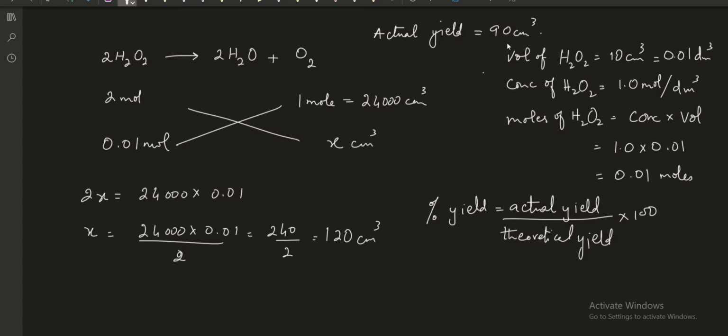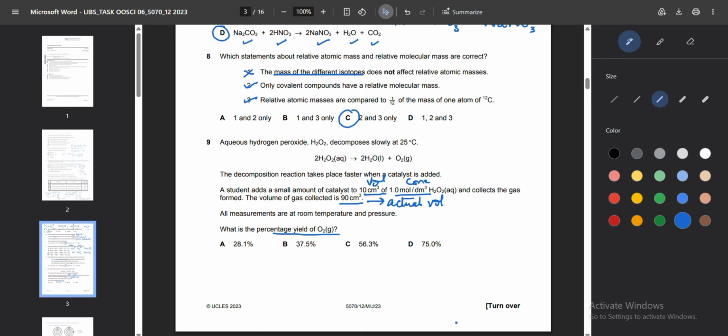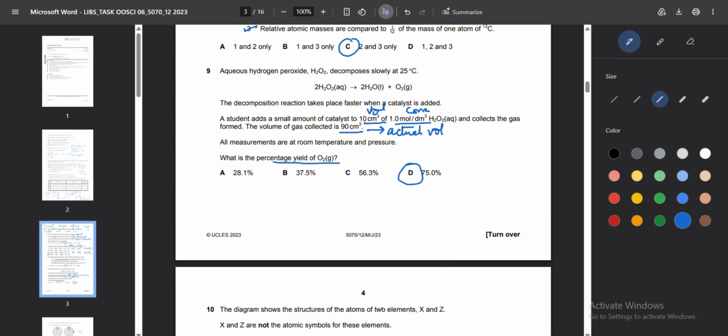Our actual yield is 90, divided by 120 multiplied by 100. So your answer would be 75%. That makes option D the correct answer.